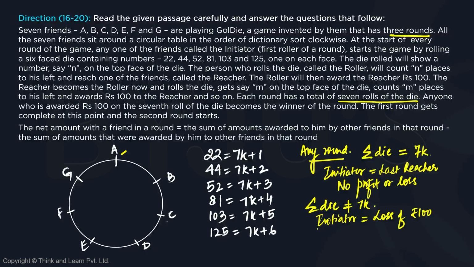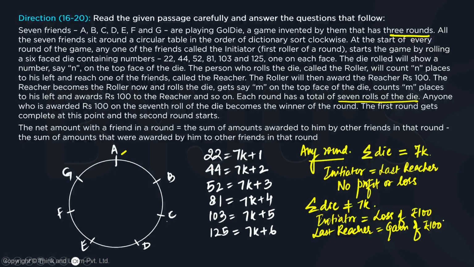And the last reacher is going to gain 100 rupees, while the other friends in between will not be losing anything, and they are not going to win anything.